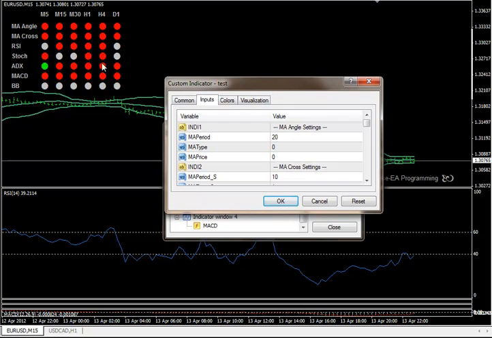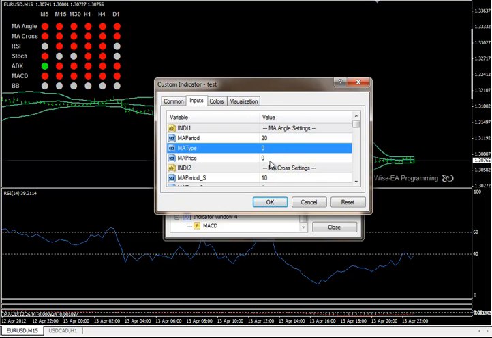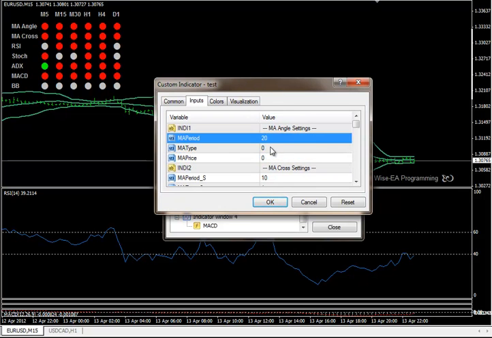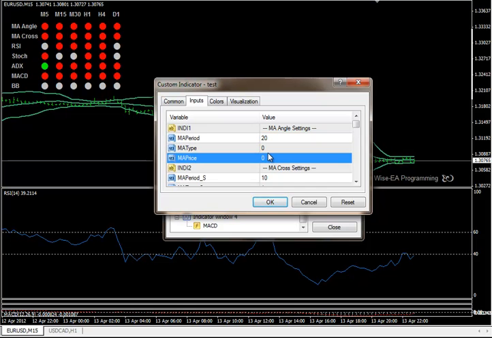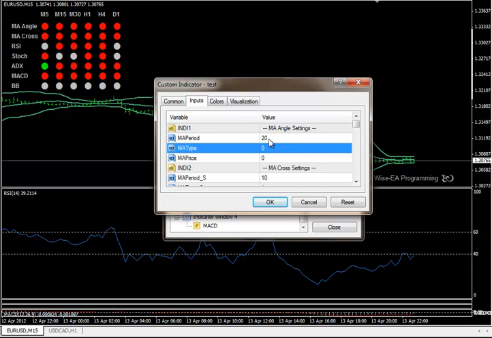So here, the first method is called MA angle. And basically here I give you the choice to choose what moving average you want to choose. In this case, I am choosing a 20 period simple moving average.